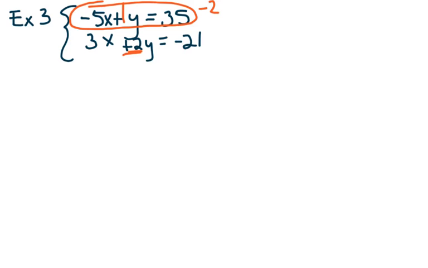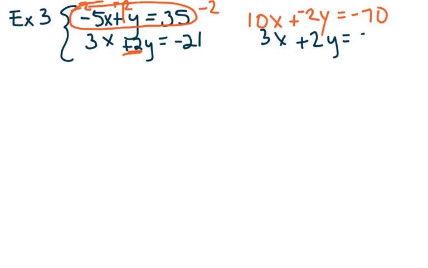So when I multiply everything on the top by negative 2, I would end up with a positive 10x plus negative 2y equals negative 70. And the bottom one stays the same, 3x plus 2y equals negative 21.